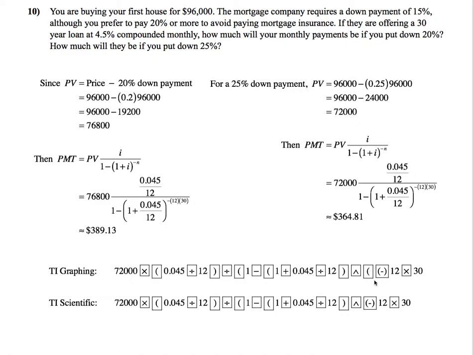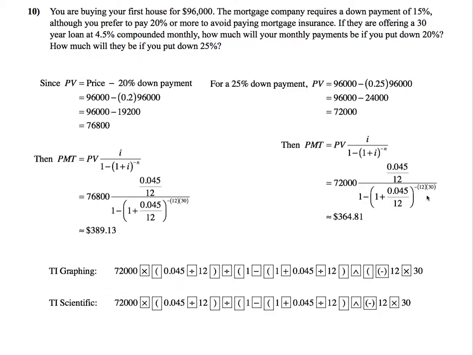So there's a left parenthesis before entering the negative button, and then you multiply 12 times 30, and again you would think that we would need a parenthesis at the end, but for some reason, no, you don't. You can just hit enter, and since this is 72,000, you will get $364.81.